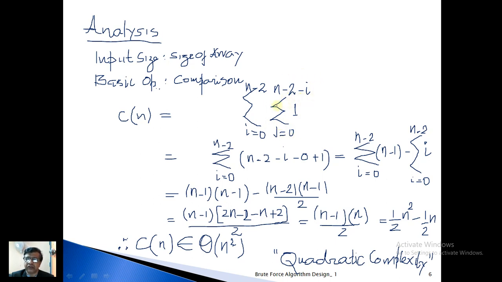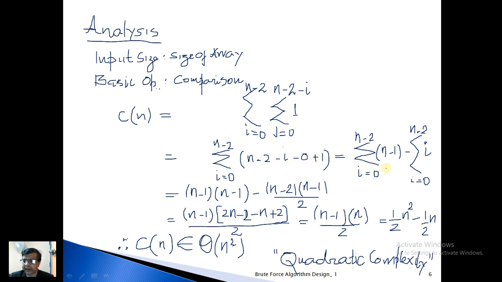Therefore the limits are placed over here. While we simplify, we will expand this first: n minus 2 minus i, minus 0, plus 1.